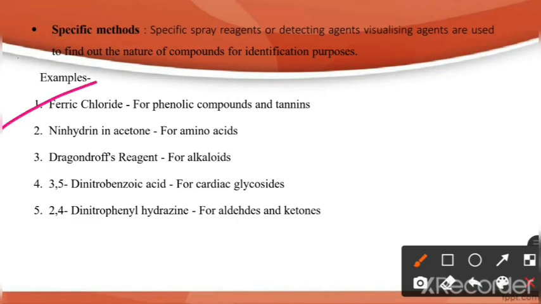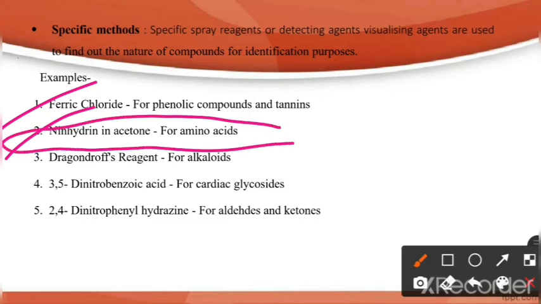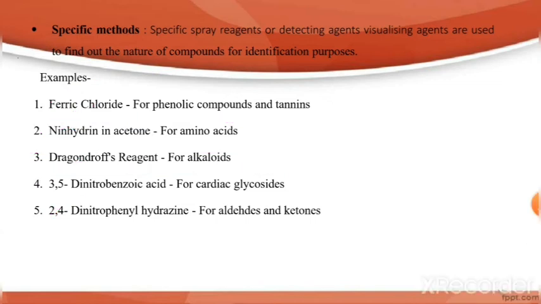Mostly ferric chloride is used for phenolic compounds and tannins, ninhydrin for amino acids. So mostly in BSc or MSc, ninhydrin is used because mostly amino acids get separated on TLC. Dragendorff's reagent for alkaloids, 3,5-dinitrobenzoic acid for cardiac glycosides, 2,4-dinitrophenylhydrazine for aldehydes and ketones.